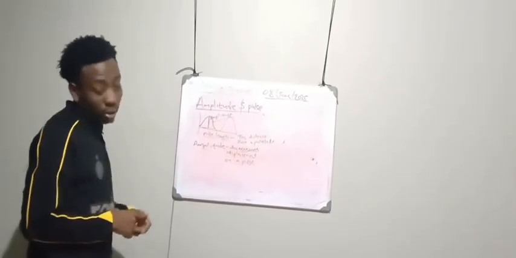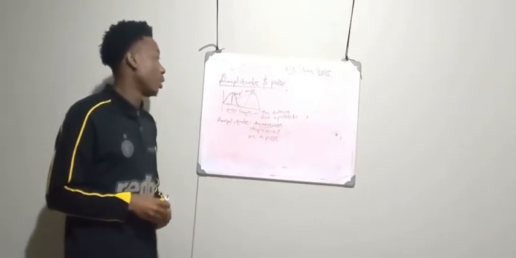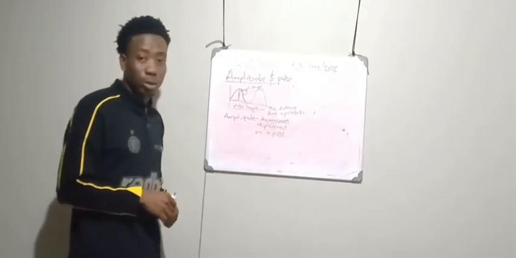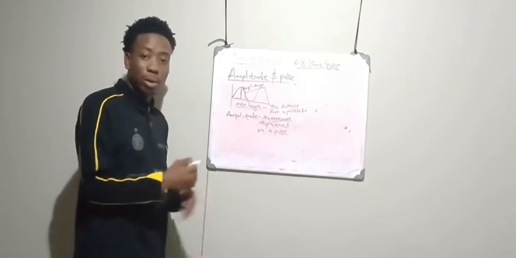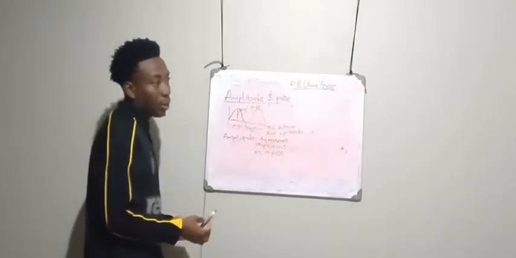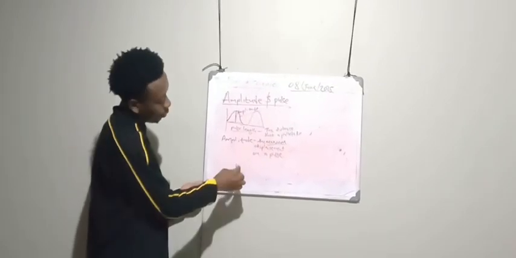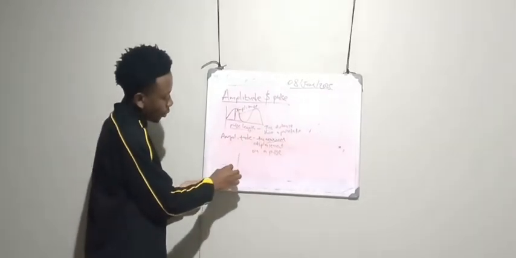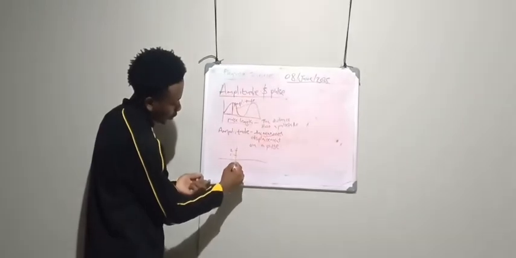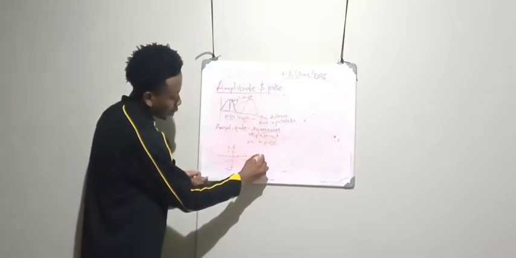Another thing, we can also represent our pulse in a graph, where we can show the magnitude of our amplitude and the magnitude of our pulse length. Let's say we want to draw our pulse on a graph. We can draw a graph here and label it -1, -2, 1, 2, 3.